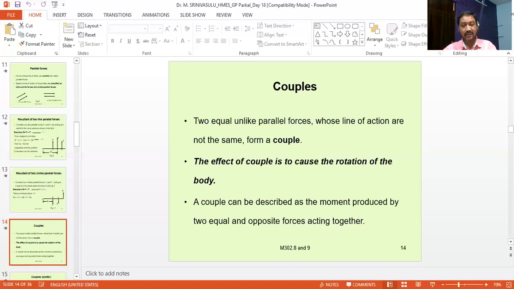Here also the moment of the couple is equal to one of the forces into the distance between the two forces. Only thing is in the case of couples, two equal unlike parallel forces will be acting and they are separated by some distance. That is the only difference.